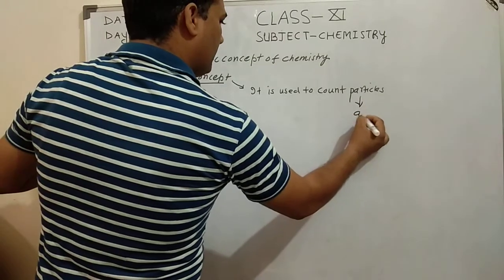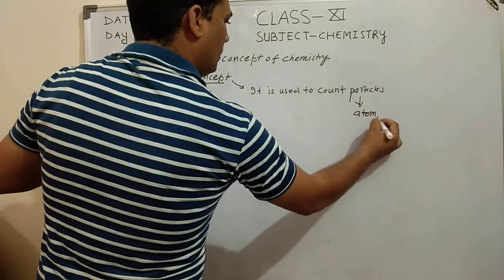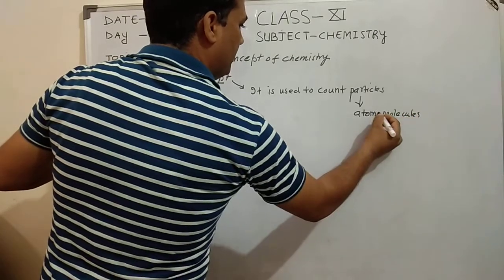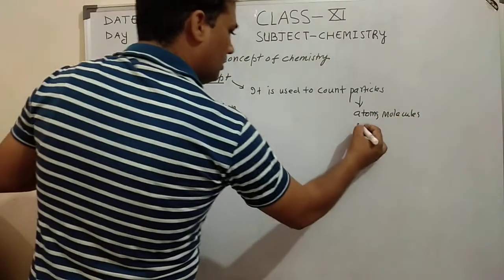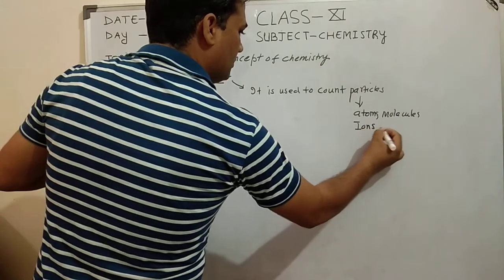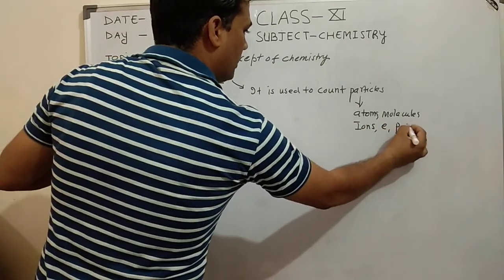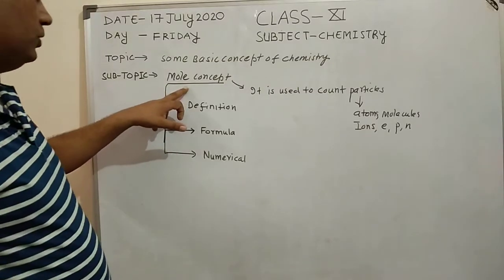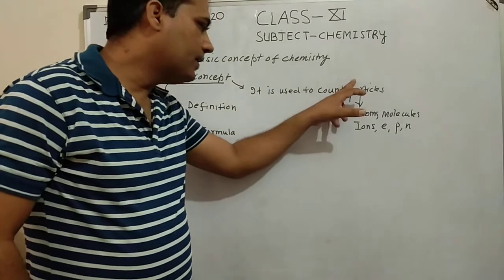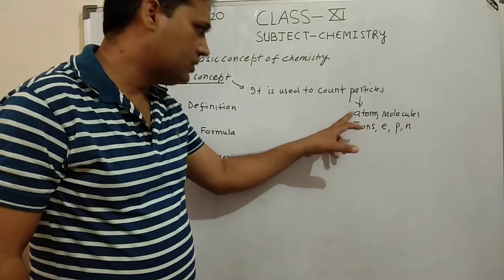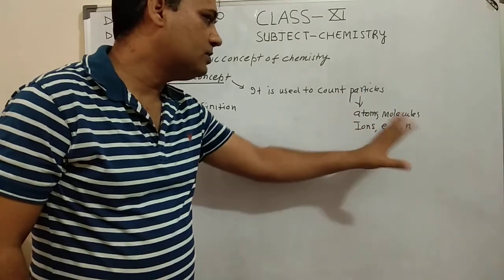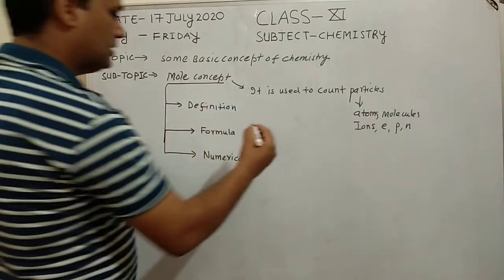Particles may be atoms, molecules, ions, electrons, protons and neutrons. So mole concept is introduced to count particles.